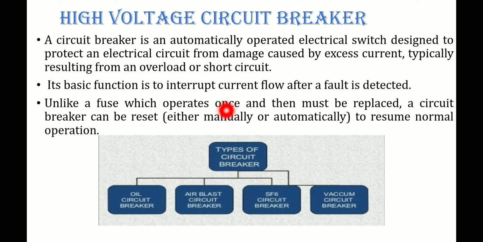So the operation is only once, but the circuit breaker can be reset either manually or automatically to get back to normal operation. I hope this is clear. What is the basic difference between a fuse and a circuit breaker? The fuse can operate only once and has to be replaced, but the circuit breaker can be reset either manually or automatically to resume normal operation.